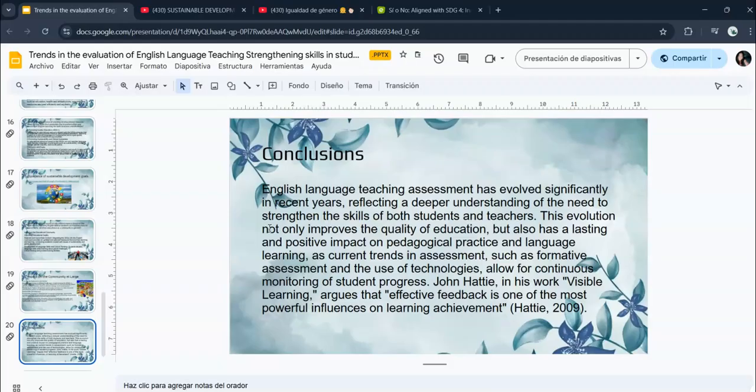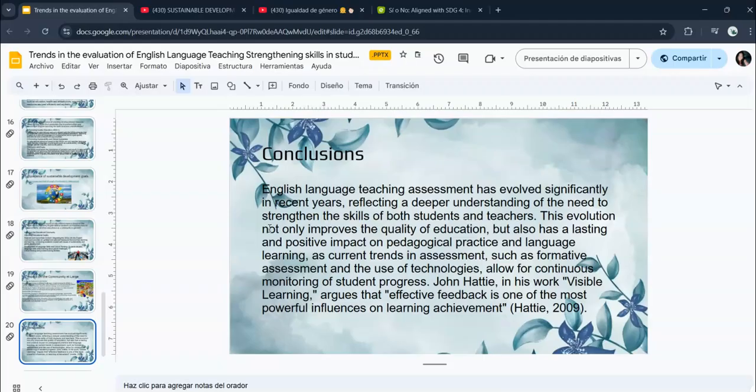What does this mean? To finish my presentation, through this research we can achieve several things. Number one, improve the quality of education that I mentioned in another slide.